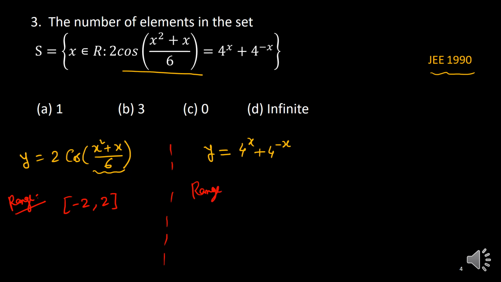Now here, what is the range? I have already discussed it in the previous one. It is greater than or equal to 2 times the square root of 4 to the power x times 4 to the power minus x, which equals 2.